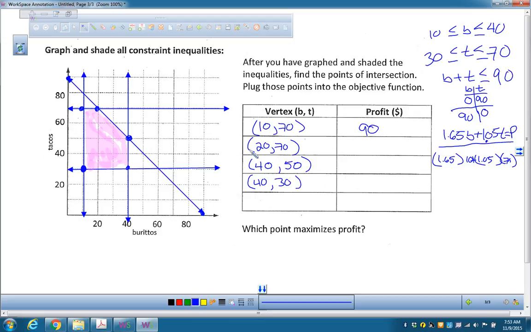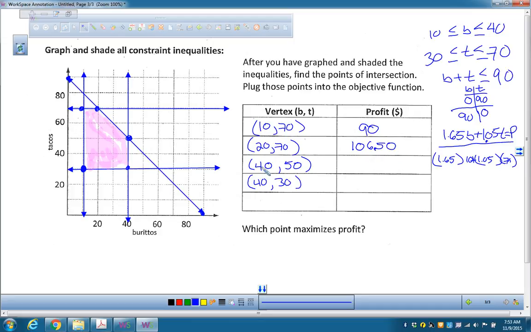All right? If I plug in 20 comma 70, anyone tell me what I get out? It's going to be $106.50.